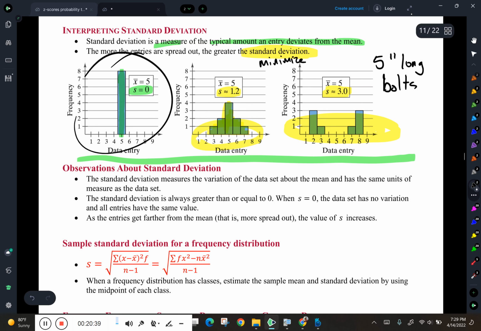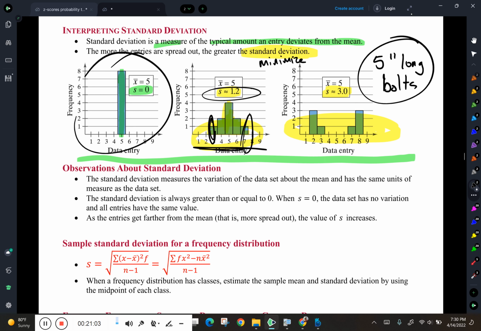What does that mean? Well, that means you made a bunch of bolts and they were all exactly 5 inches, no variability, very, very small standard deviation. Here, my standard deviation is getting kind of big, which means that I've got some bolts that are as small as 3 inches and some bolts that are as long as 7 inches. My job is to make 5-inch long bolts, and I'm doing a horrible job of it.